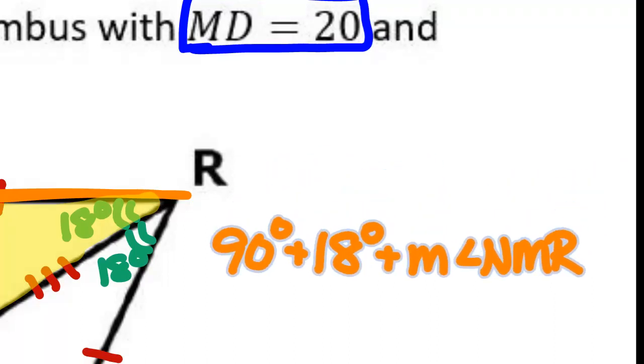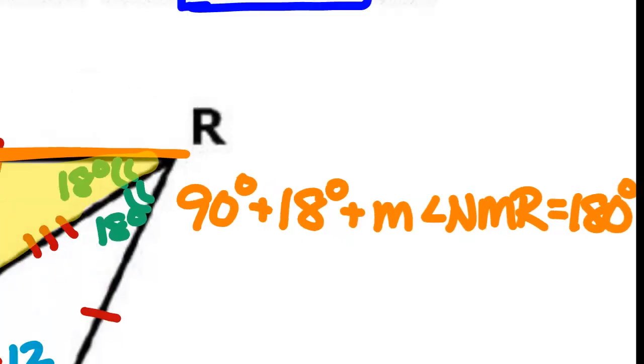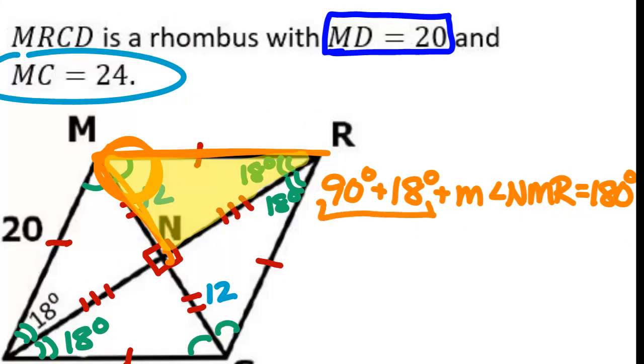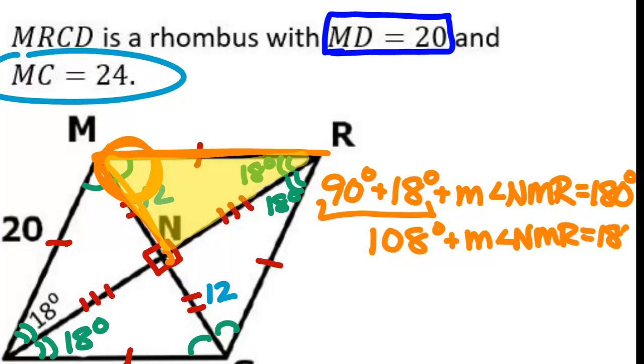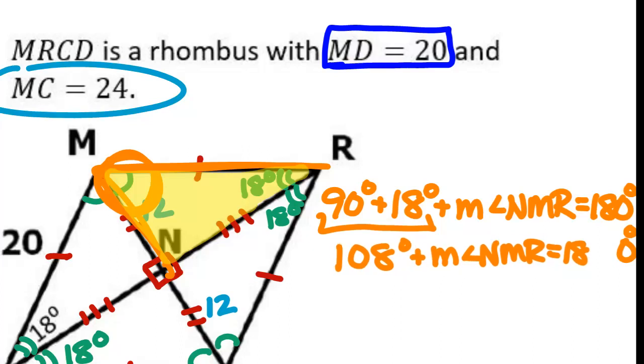And that would be equal to 180 degrees. So I add the 90 and the 18 together. That gives me 108 degrees. And then I can subtract that from both sides. Give myself a little bit of room here.